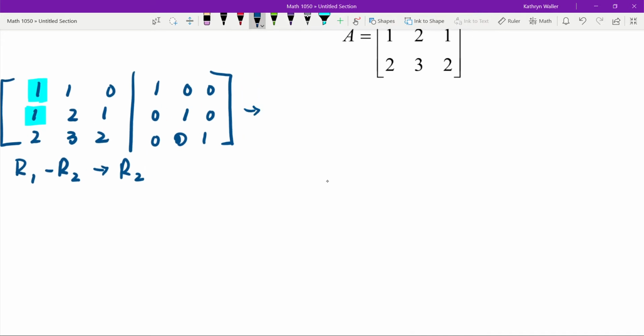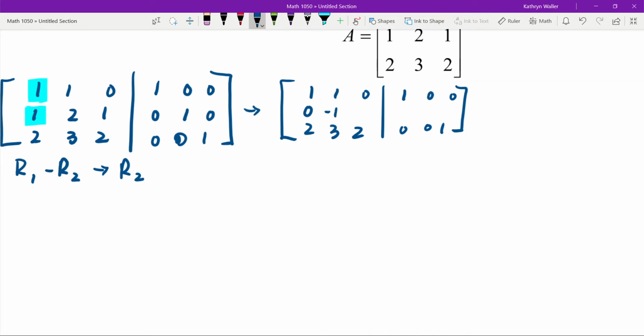Okay, so row 1 doesn't change. Row 3 doesn't change. Row 1 minus row 2. 1 minus 1, 0. 1 minus 2, negative 1. Everybody stop right there.